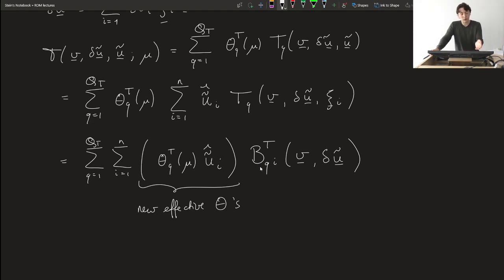Which means that now 4 times 25 is 100 different components to a stiffness matrix. So clearly we have to store 100 stiffness matrices that are 25 by 25. That's still doable, but I hope you appreciate that at some point this scaling is going to be a little tricky.